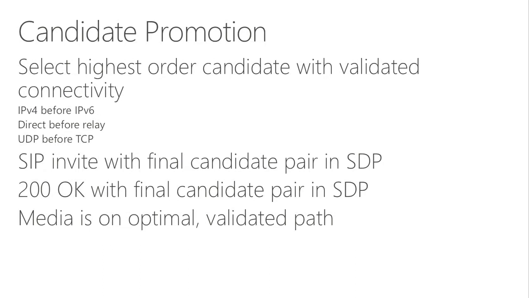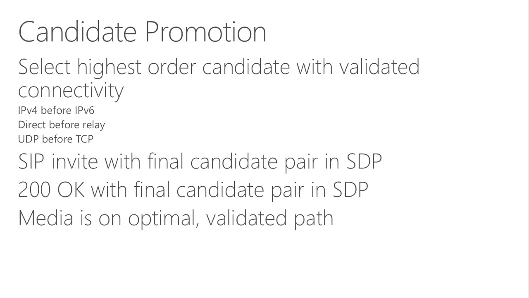Also, after making this decision, we will say, well, if it's more direct, then we prefer that over relay. So if it's possible to do a peer-to-peer connection, do the peer-to-peer, don't go over the relay. And then finally, we're preferring UDP over TCP. So if we have multiple direct connections or multiple connections anywhere, we would say, well, UDP is better than TCP.